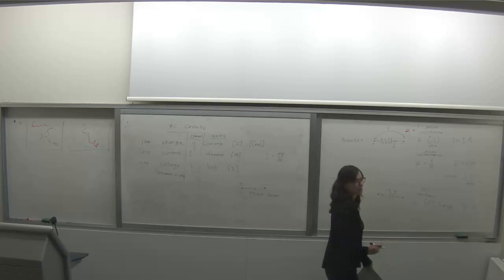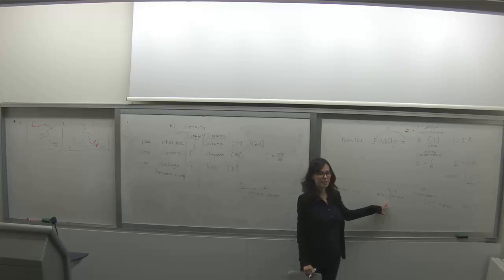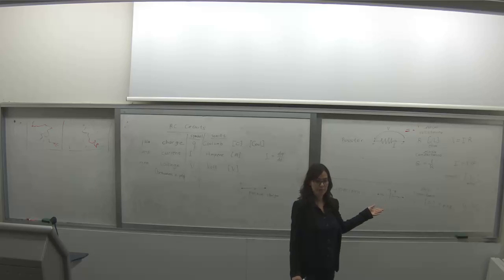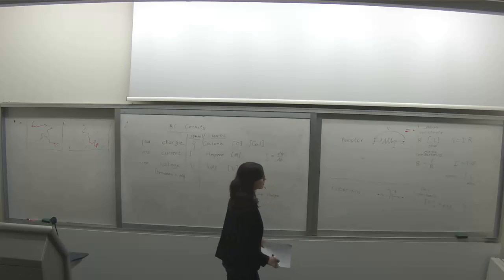So at any point of time, for a given capacitor with capacitance C, if you know the voltage over it, then you know the amount of charge that is on each of the plates. One of them is plus, one of them is minus, but you know the amount. Or if you know the charge and you know the capacitance, then you know the voltage that is between the two terminals of this component.